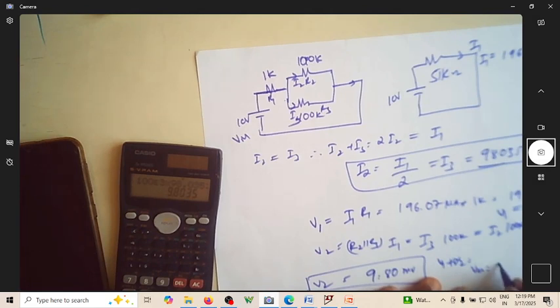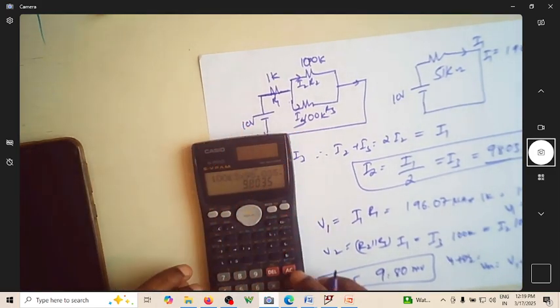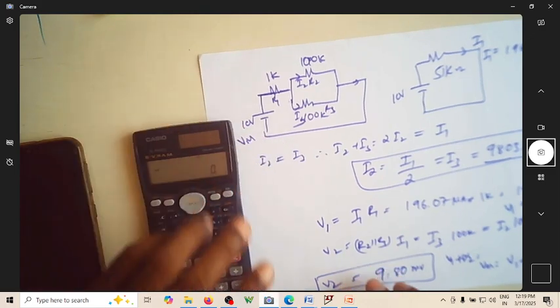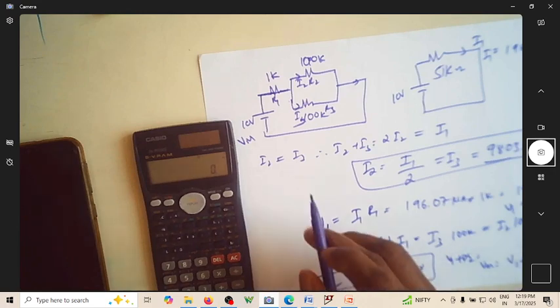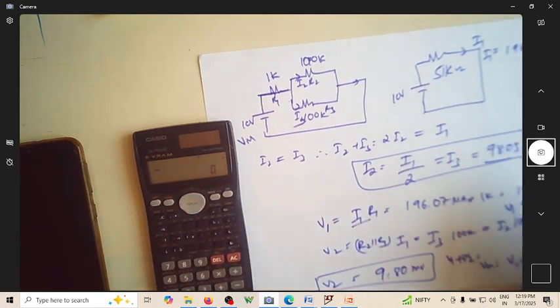So Vn is equal to V1 plus V2. How much is this? What is this? So we have 1k multiplied by I1.